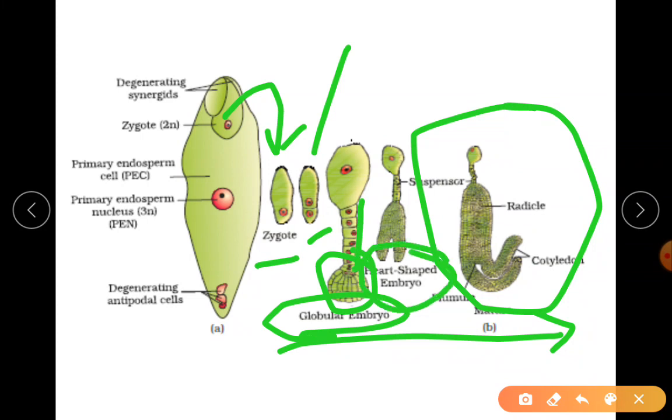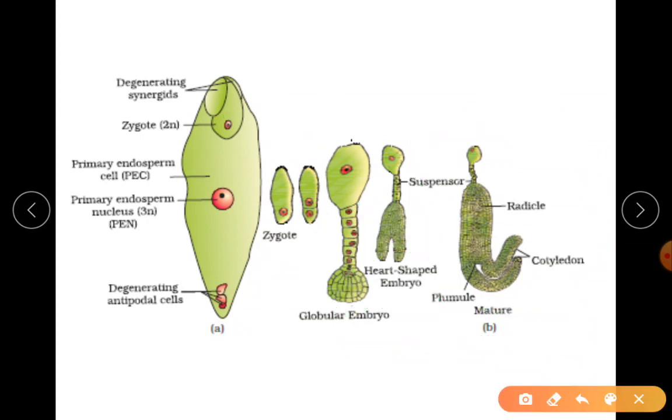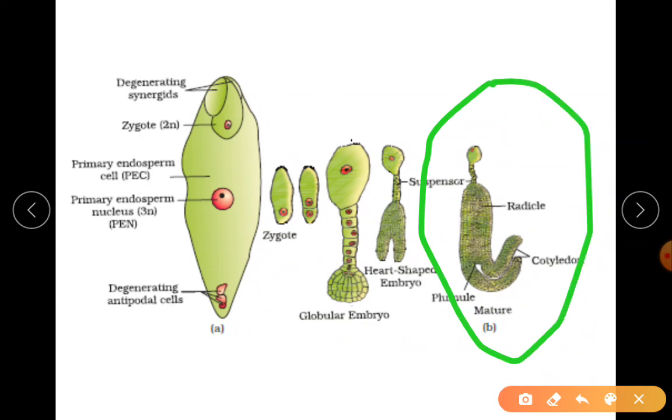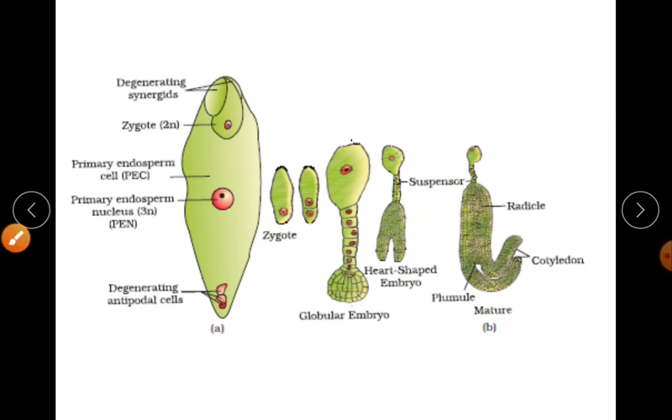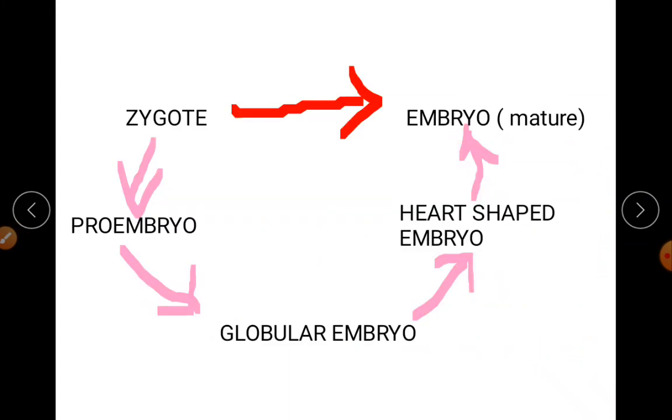Then there is the heart-shaped embryo. And finally the mature embryo appears like this. This is the pattern in monocots and dicots. About the structure you will come to know clearly. I've written it here for you for ease.